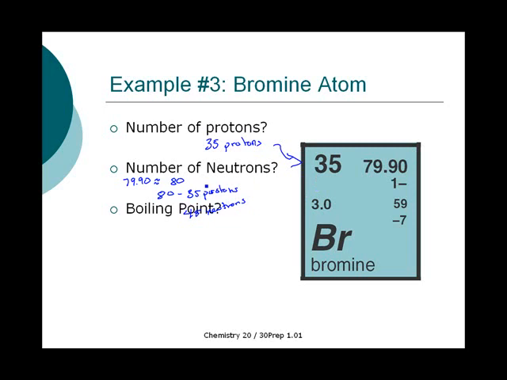The boiling point would be 59 degrees Celsius. And its state at SATP, we take a look at the symbol, we see that it's italicized, so we know that it's a liquid.